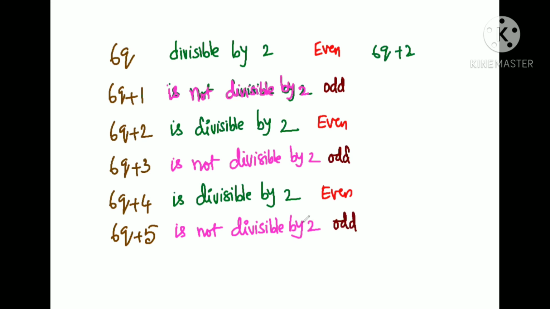Therefore, any number in the form of 6q plus 1, 6q plus 3, 6q plus 5 is an odd integer.